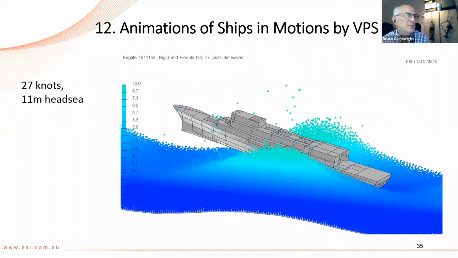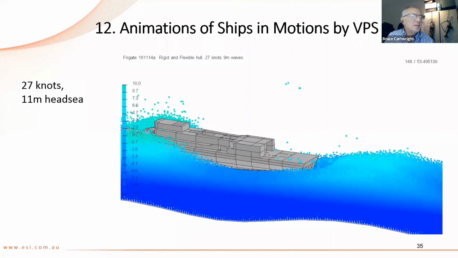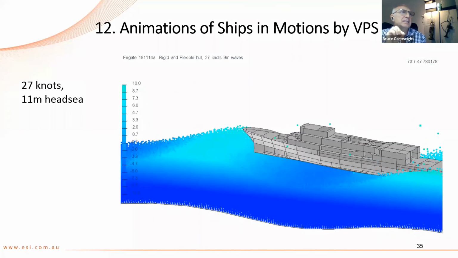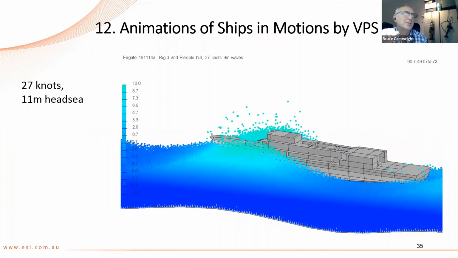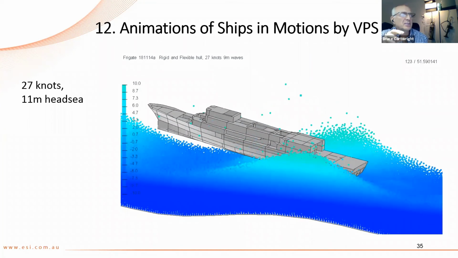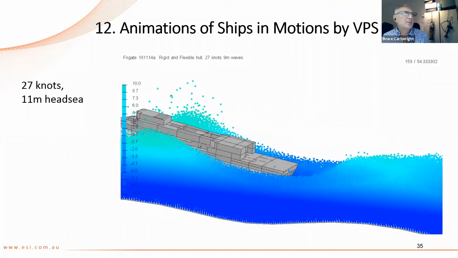Thankfully, usually the captain has better sense than that, and he'll throttle back a bit and just maintain steerage way. But there's a lot to be learned from here. Again, the simulation proceeded, even though we specified something that's probably unrealistic for the boat. For this particular case, the FE model was a rigid body, so we're not getting any stresses out of it. But the software didn't crash.